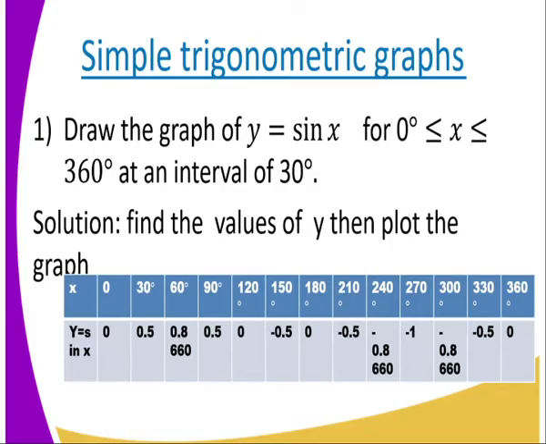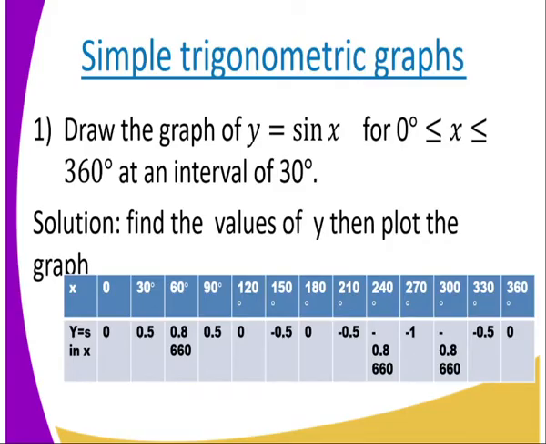We have 0, it is supposed to be 0. 30, it's supposed to be 0.5. 60, it's supposed to be 0.8660. 90, it's supposed to be 1. 120, it's supposed to be 0.8660. 150, it's supposed to be 0.5. 180, it is supposed to be 0. 210, it is supposed to be negative 0.5. 240, it's supposed to be negative 0.8660. 270 is supposed to be negative 1. 300 is supposed to be negative 0.8660.